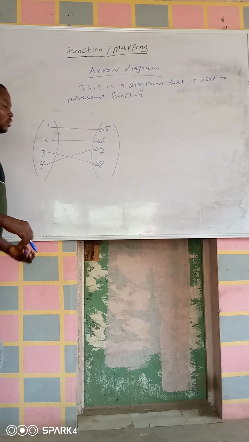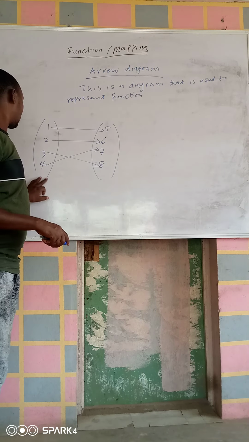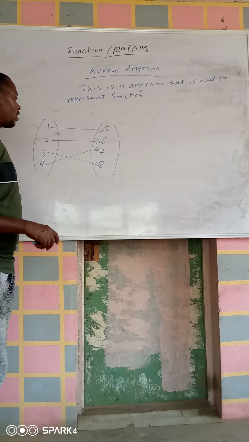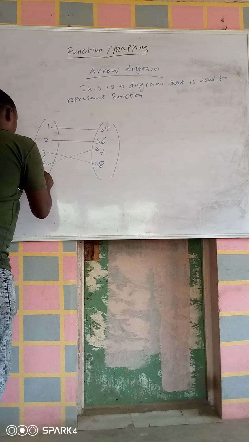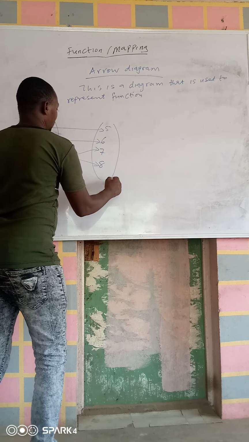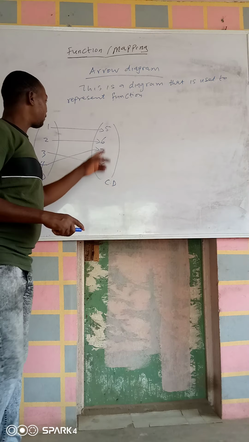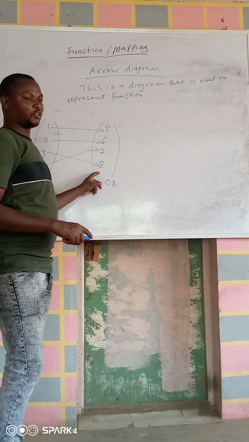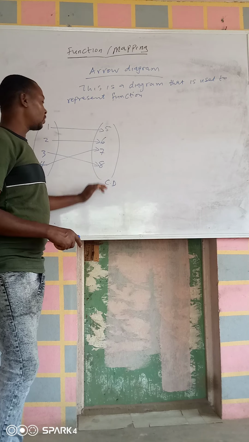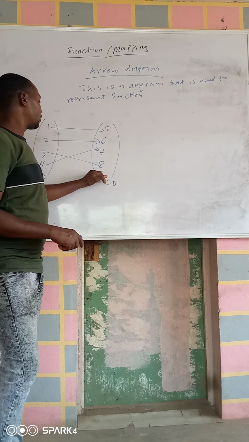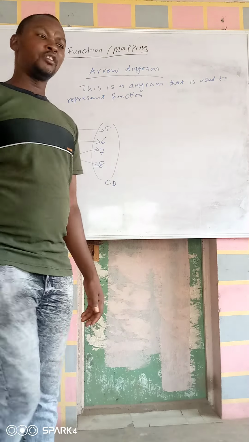You can see that the domain here is 1, 2, 3, and 4, while the codomain is 5, 6, 7, 8. The range is also 5, 6, 7, 8. So here the codomain and the range are equal.